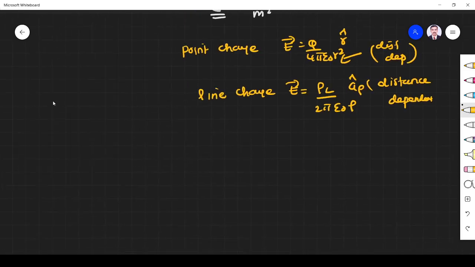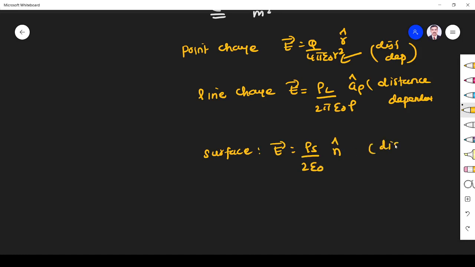Next thing is electric field due to surface charge. That is given by E is equal to rho S by 2 epsilon naught N cap. Here there is no distance, so it is distance independent. So these are all the different charge configurations we have to know.